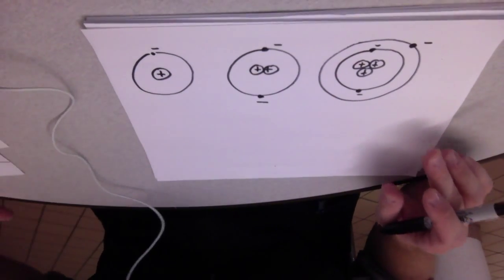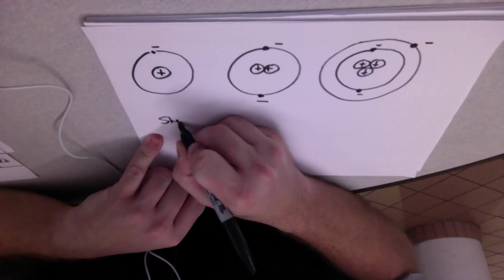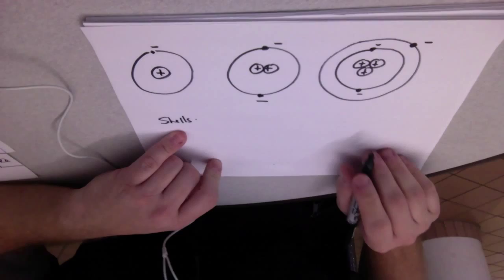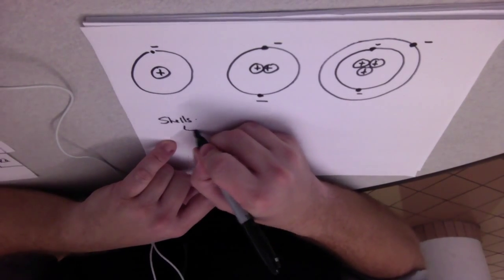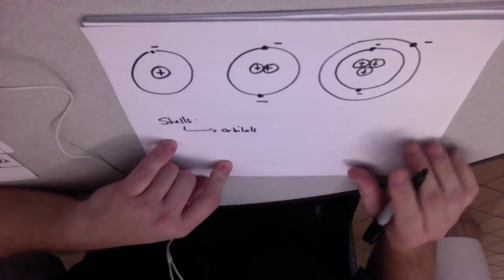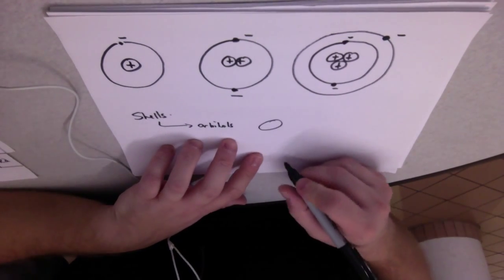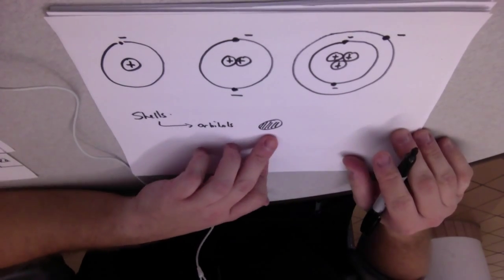electron configuration. And so, like I said, you have these shells. Okay, you have these shells, but within the shell, we have sublevels. Okay, we have these sublevels that are called orbitals. And orbitals are little areas of probability where electrons can exist. And you've talked about this, where you have an s orbital, which is kind of a spherical cloud.